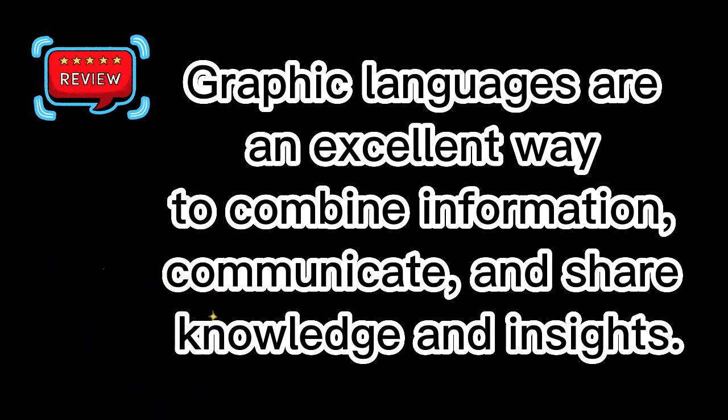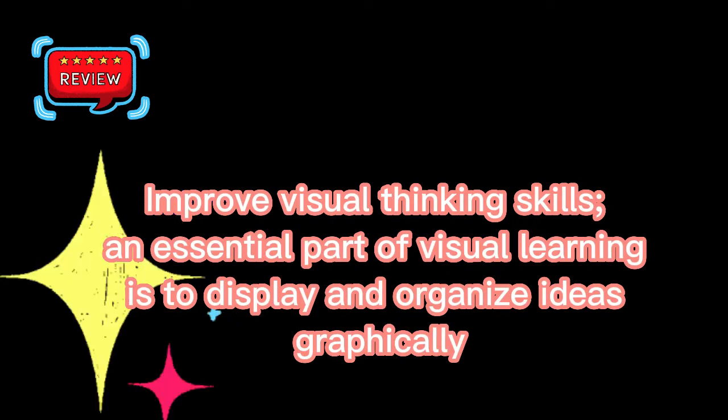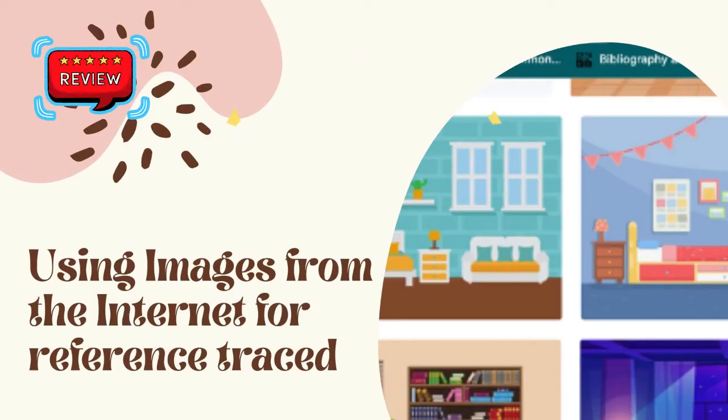Well-designed visual images can produce a more robust and memorable learning experience than just verbal or textual description. Improve visual thinking skills. An essential part of visual learning is to display and organize ideas graphically. Related to cognitive development, if it is associated with the creation of storybooks, it can be arranged based on the type of book and its age.